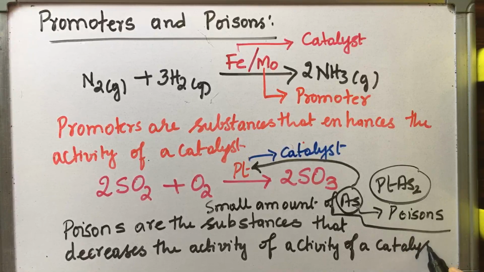The example that I have given is the oxidation of sulfur dioxide to sulfur trioxide. Platinum acts as a catalyst, and addition of a small amount of arsenic makes platinum combine with arsenic to form PtAs2, which acts as a poison and decreases the activity of the catalyst. We call such things poisons.